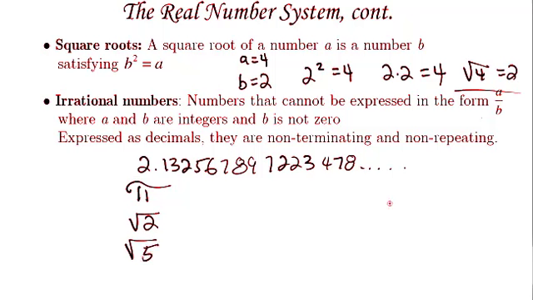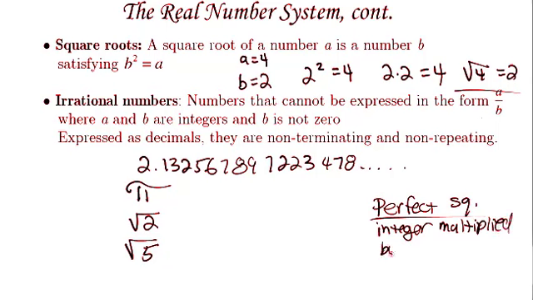A perfect square is created when an integer is multiplied by itself. So if I have 2 times 2, I get 4.